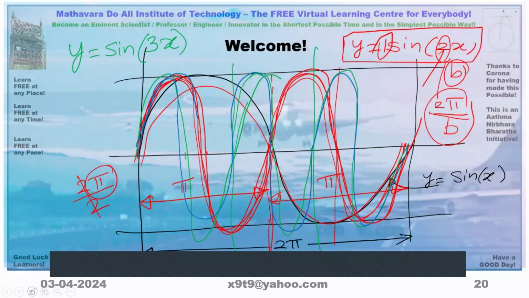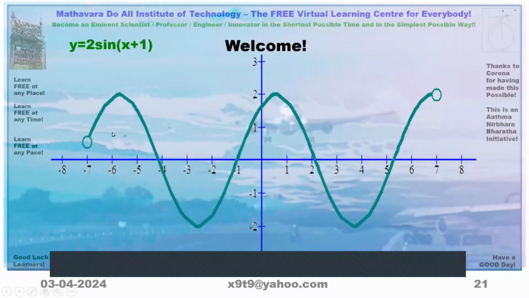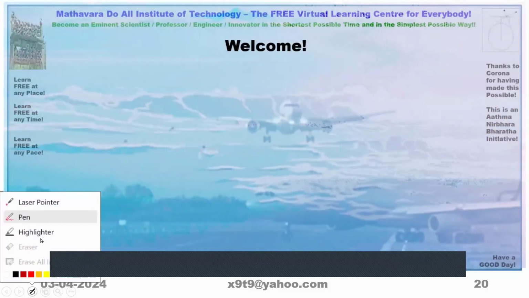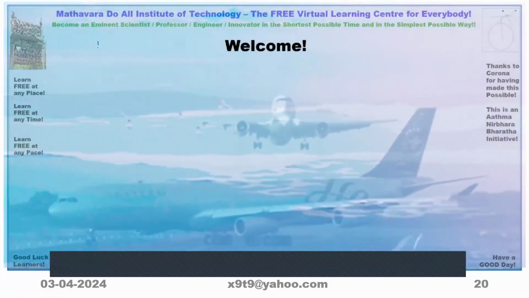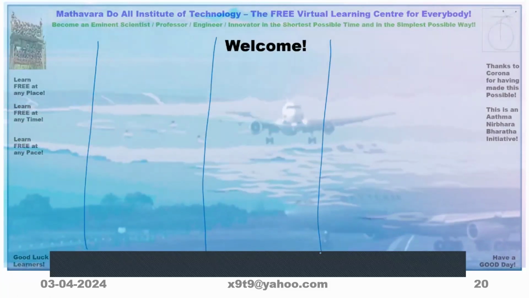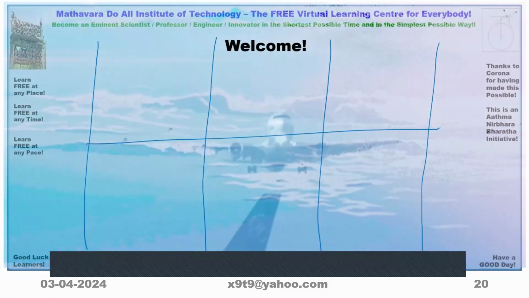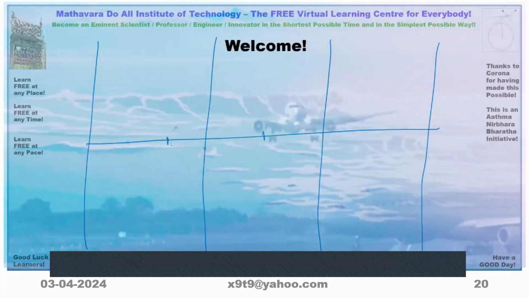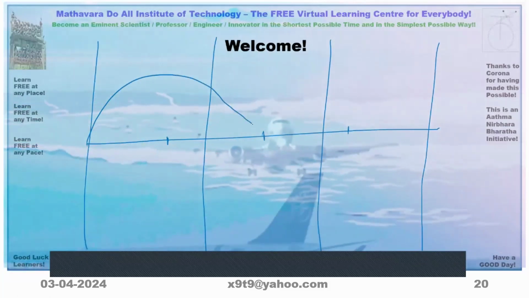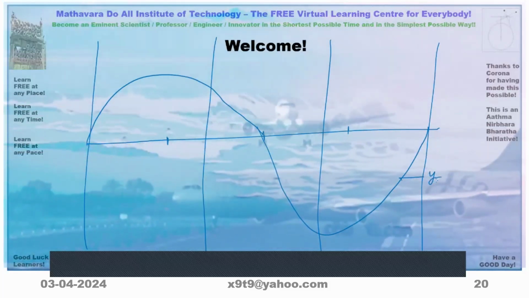So I will draw another graph if you want. So this is y is equal to sin x.